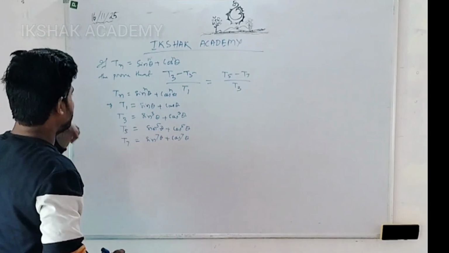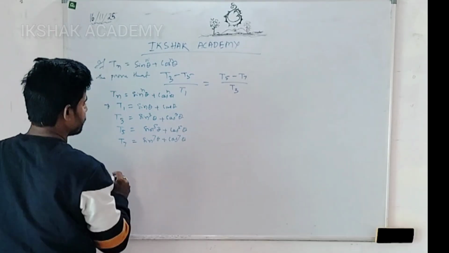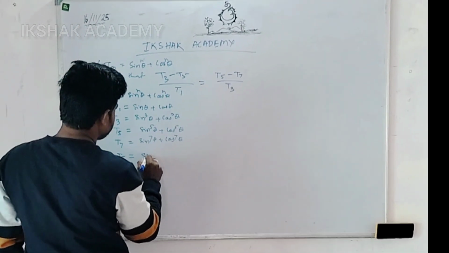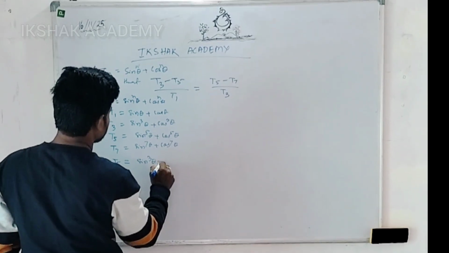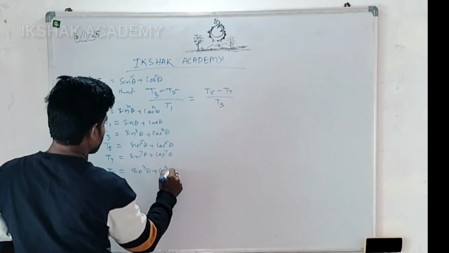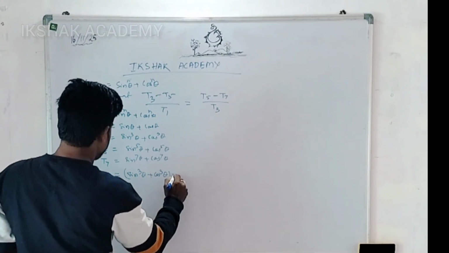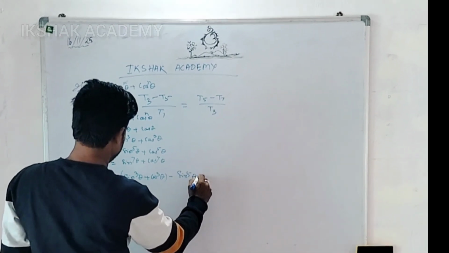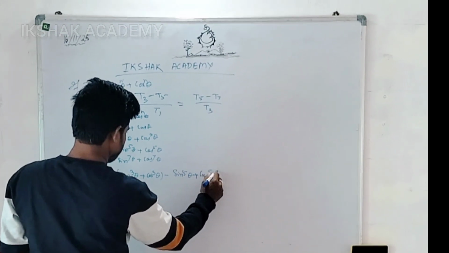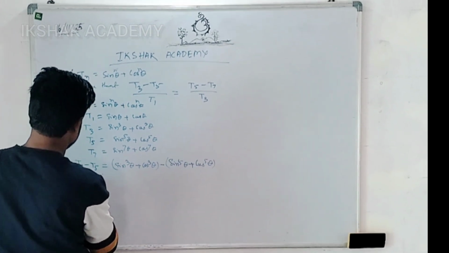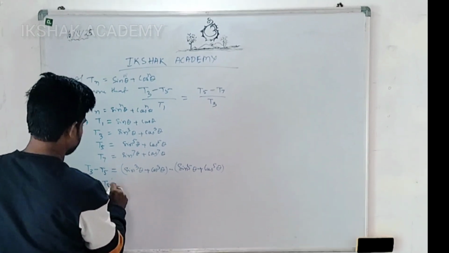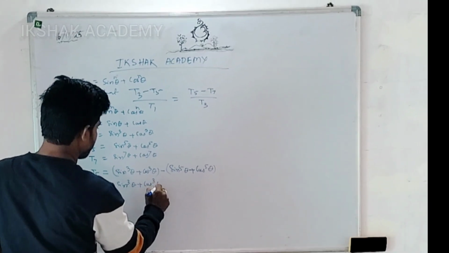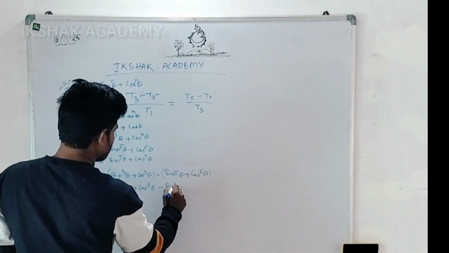Then T3 minus T1. Just find out T3 minus T5. This is T3 minus T5. Just remove the brackets so the signs will be changed.